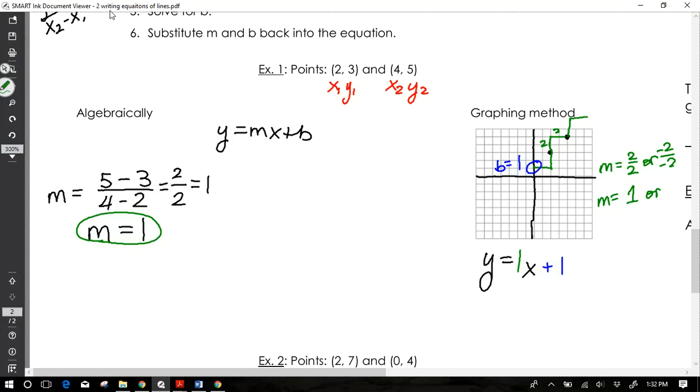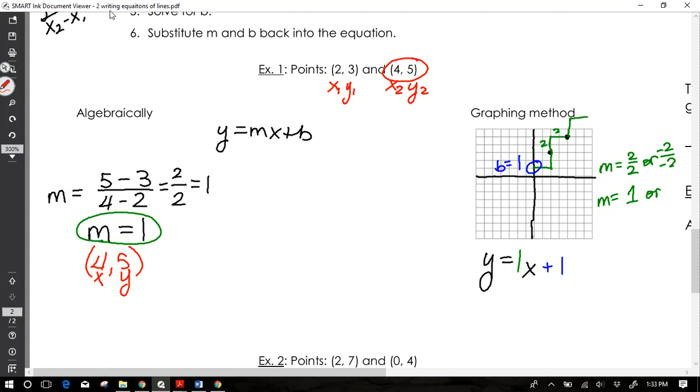Now let's go look at step 4. It says to choose one of the ordered pairs and substitute the slope and the point into y equals mx plus b. So let's choose one of these ordered pairs. Last semester, I said we can just go with the last one, but really it doesn't matter which one you choose. So I'm going to say 4, 5, and this is an x value, and this is a y value.